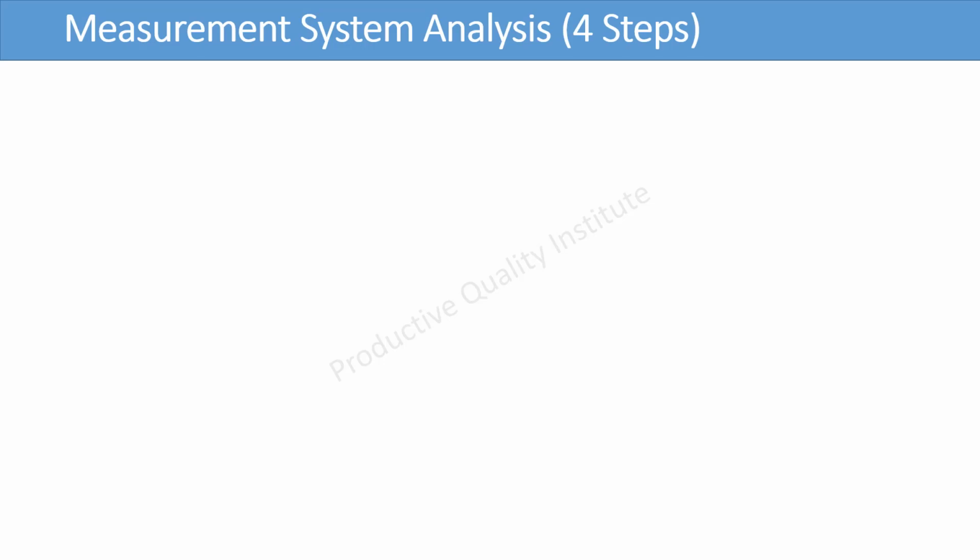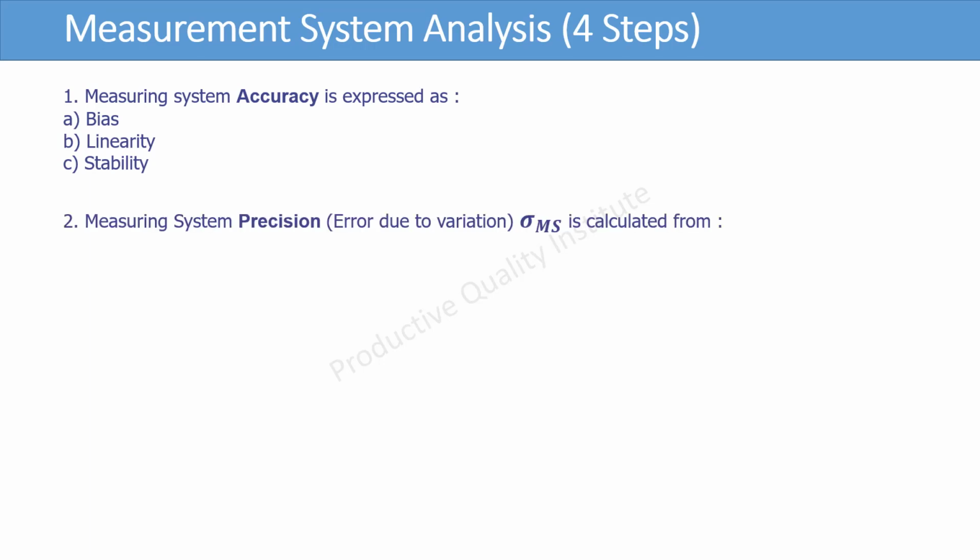Measurement system analysis will be done in 4 steps. First, measuring system accuracy, which is expressed in 3 values: bias, linearity, and stability. Second, measuring system precision, error due to variation. Sigma of the measuring system is calculated from the variance of the measurement system, which is equal to the variance of repeatability plus the variance of reproducibility.